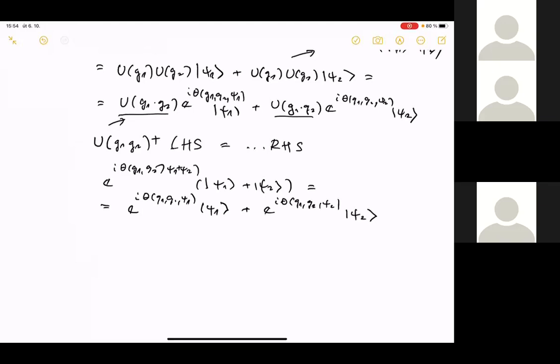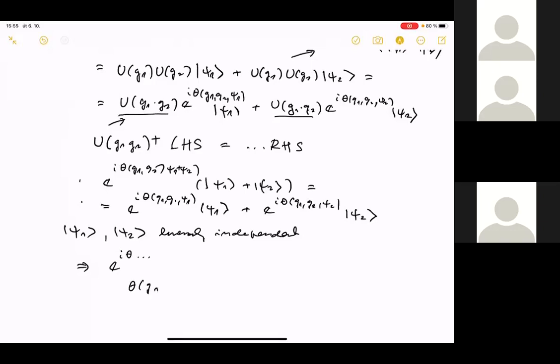And if we suppose that psi1 and psi2 are linearly independent, then we can compare the coefficients at psi1 and psi2 on both sides of this equation. So I will not write e to the i theta, but just the relation for the thetas.